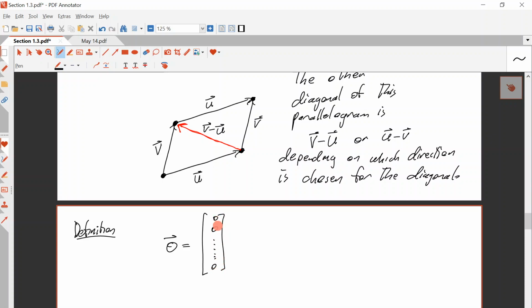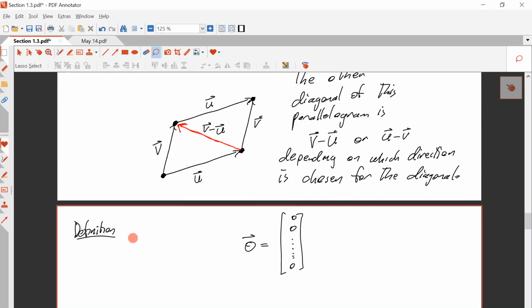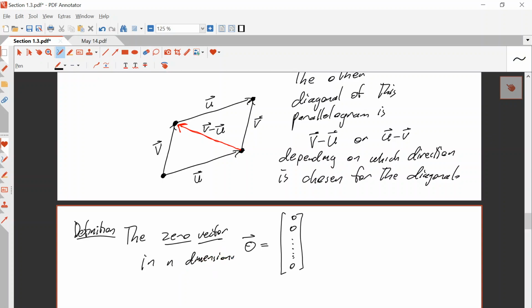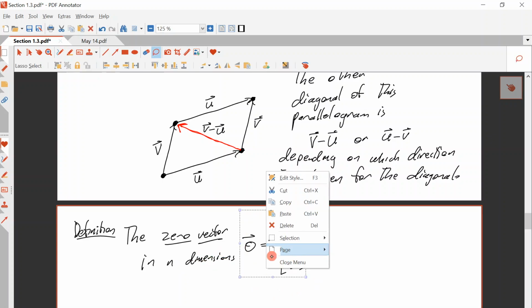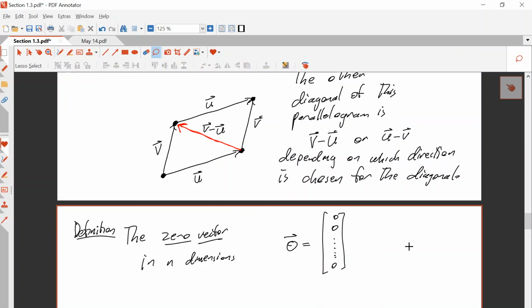So these are the real number 0, and this is the vector 0.